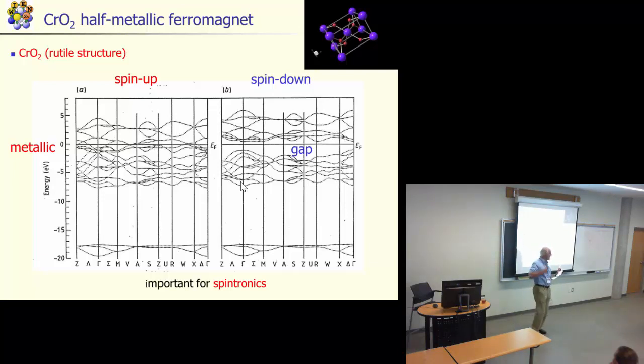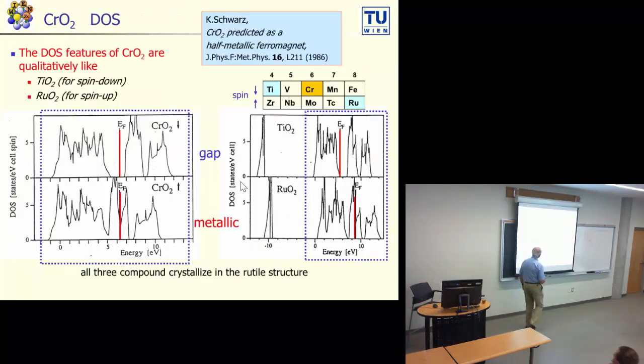The other is a gap, and therefore there are no states with the other spin. Therefore, if you want to have spin injection in the material, these are the materials which people like to have, and they have studied many Heusler alloys which show this property. There is also one poster on one of these Heusler alloys which shows this property.